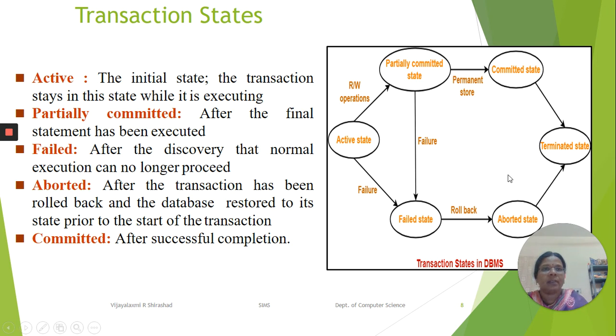These are the states, and this is the state transition diagram showing how the entire transaction performs read and write operations and finally a terminate operation, meaning the transaction process has been completed.